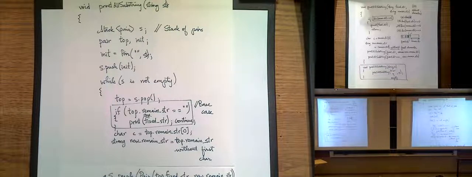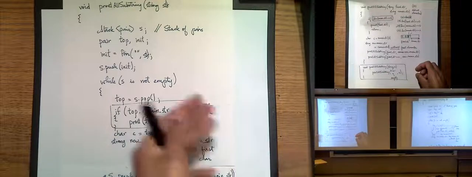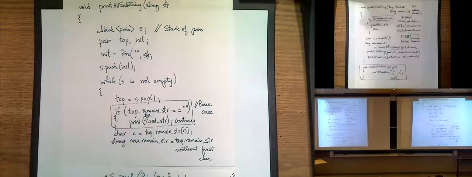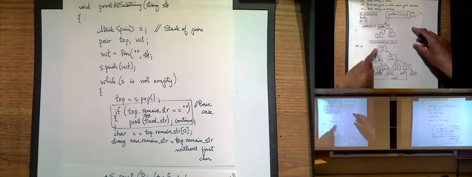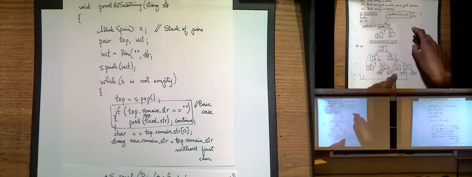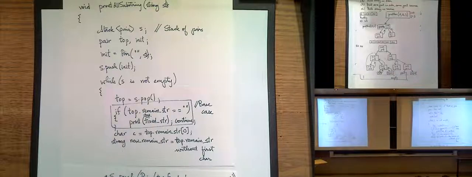Now the point is, if you think about this process, there's some notion of backtracking of the recursive calls. And so stacks can be used to simulate backtracking, because this process of recursion is basically like backtracking.